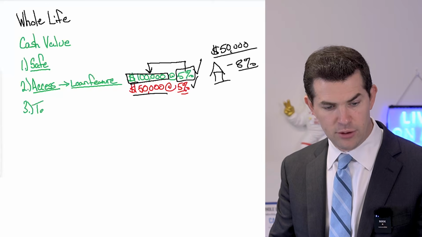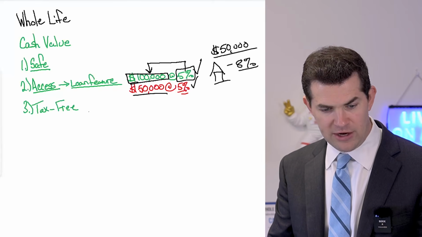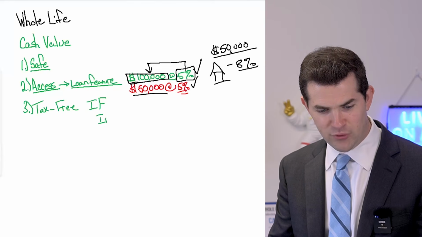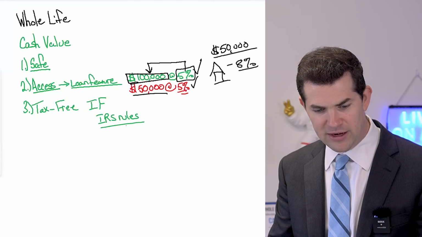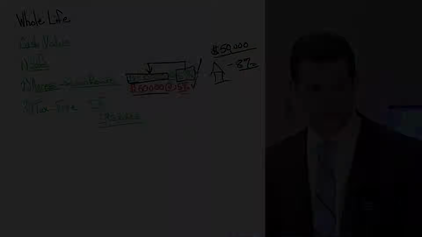And then third, it's also tax-free. I should say tax-free if we follow IRS rules, which is huge. That's very easy to do though, and I'll talk about that a little bit when I get to the policy design section.